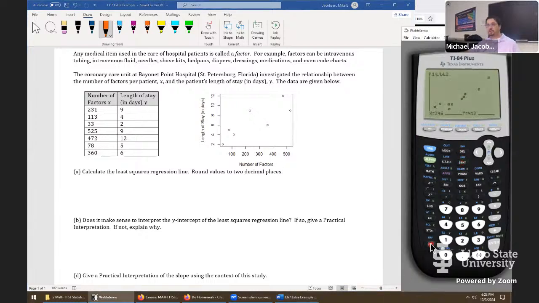First thing I have to remember to do is turn it on, hit the stat key, enter to edit data, and first start deleting stuff. Hit clear, enter on L1, clear, then enter on L2. And this is the quiet part of class.